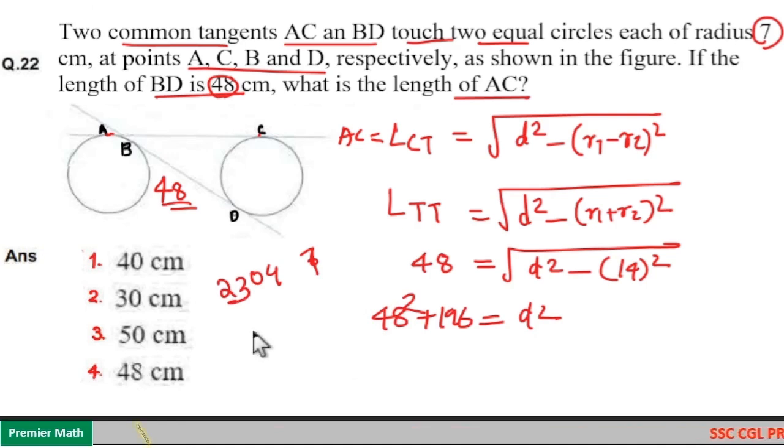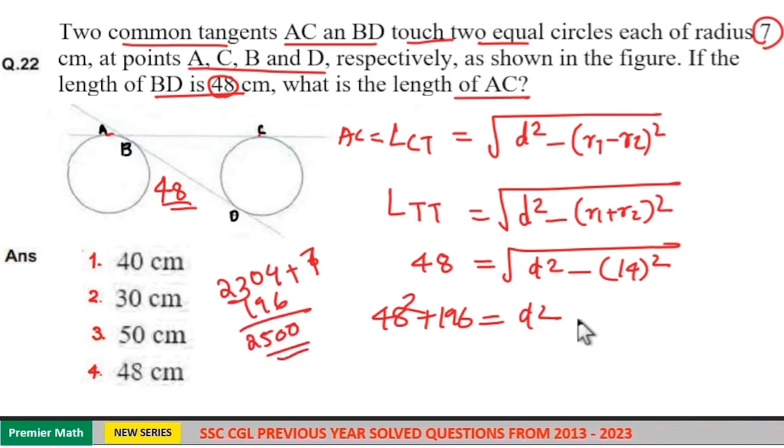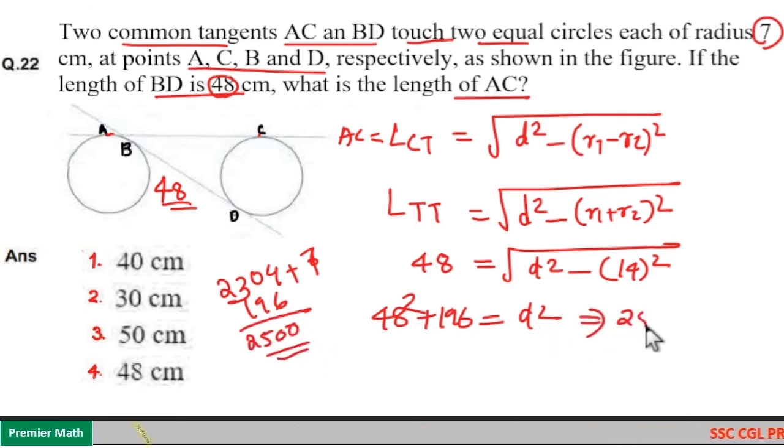So 2304 plus 196 is equal to 2500, which means here d square is equal to 2500, so d is equal to 50.